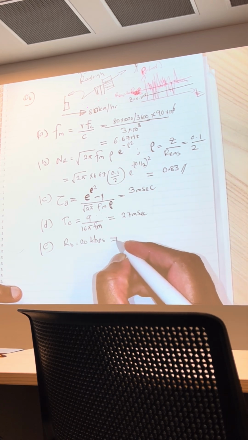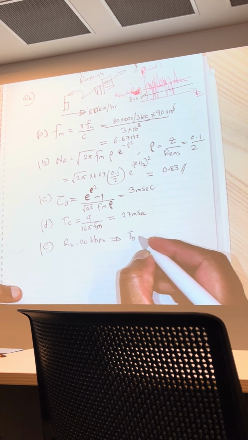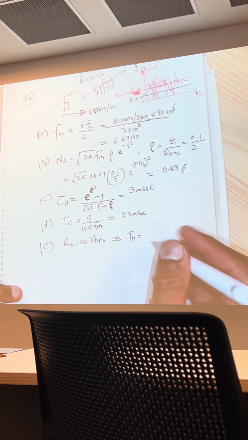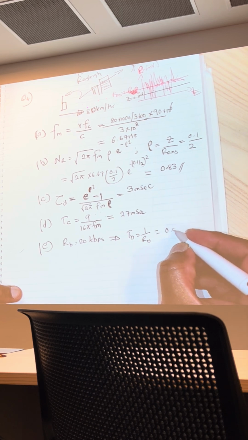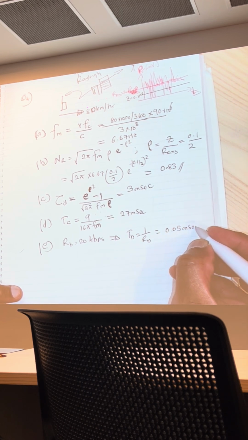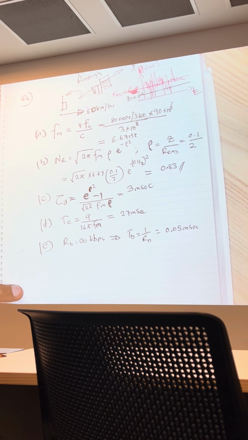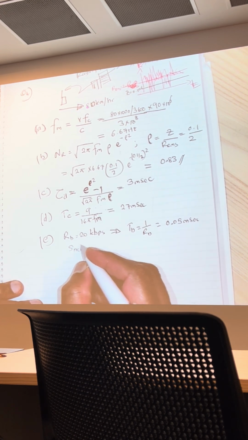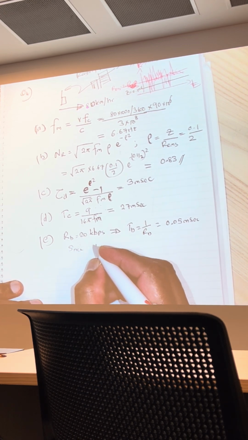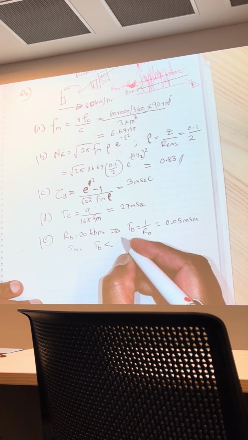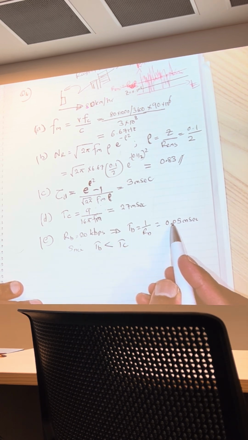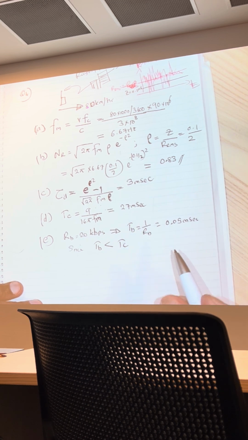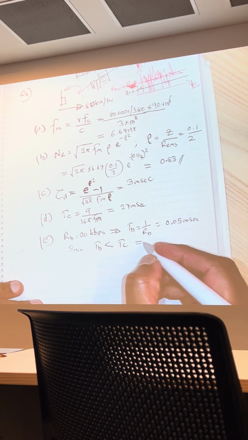So this gives us a bit duration of 1 over Rb, which is 0.05 milliseconds. And therefore, since TB is less than TC, it's a slow fading channel.